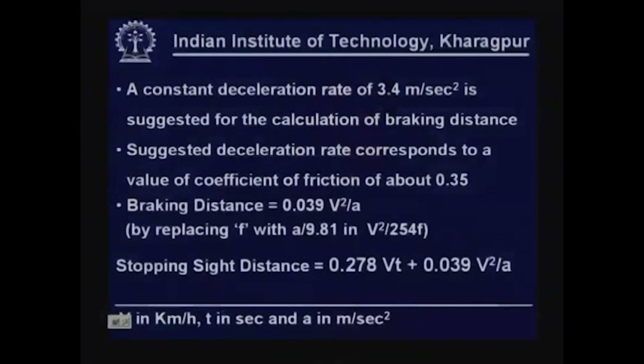If we replace f by a by 9.8, 9.8 is the value of g, then this equation we will get, that is braking distance equal to 0.039 v square by a. V is in kilometer per hour and a is in meter per second square.